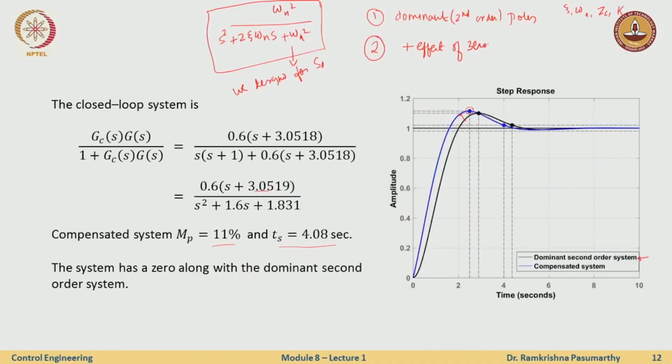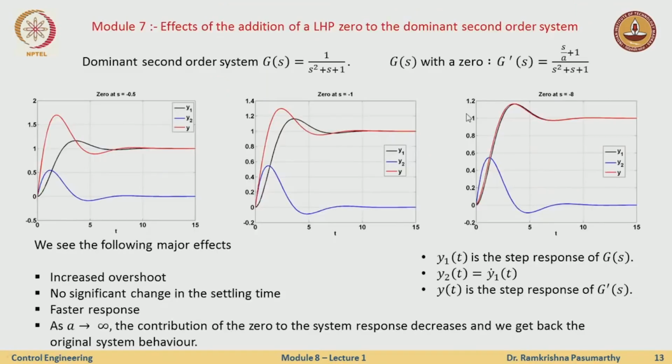Now once I add a 0, is it really dominant? You see here it is close to dominance, but there is a little error. The actual system has 11% overshoot, but this one has 10%. We will try to see how we minimize this gap. That also we should be careful of.